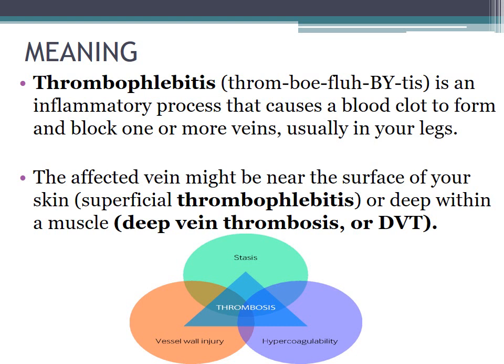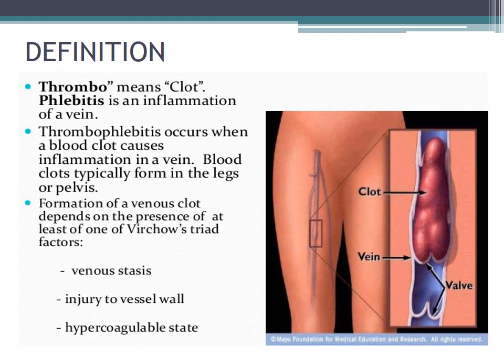Eventually, as the condition progresses, it causes stasis or pooling, called venous stasis. And there is also going to be hypercoagulability, which is nothing but pooling, clotting, and coagulation happening.